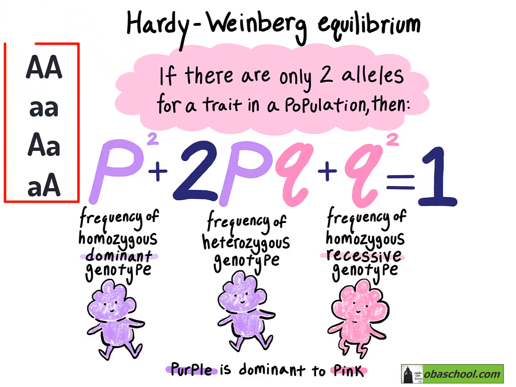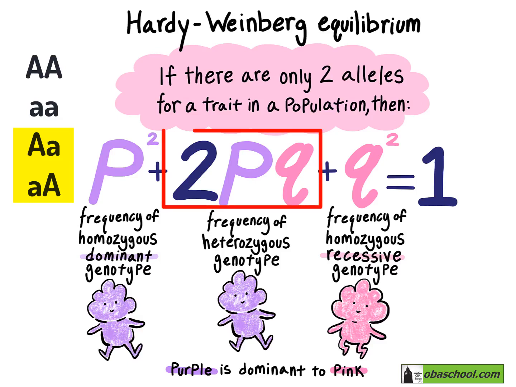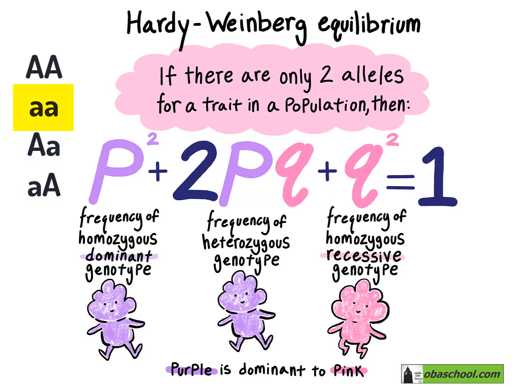From these, we could derive the second equation. This would give us P squared. These two will give us PQ. So, because we have 2, then it is 2PQ. And small a, small a would give us the Q squared.